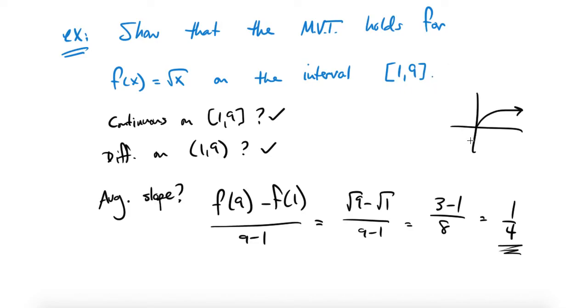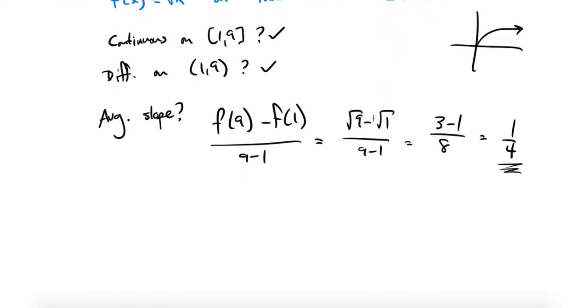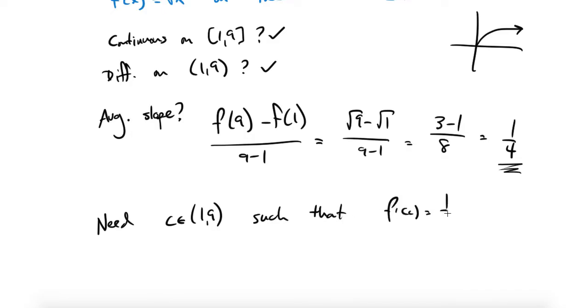So this is the average slope for all the tangent lines in this interval. So what I need to do is find a point in the interval from 1 to 9. So I need c in the open interval from 1 to 9 such that f prime of c equals 1/4. Because that's what the mean value theorem says: there's something between 1 and 9 where the derivative is equal to 1/4.